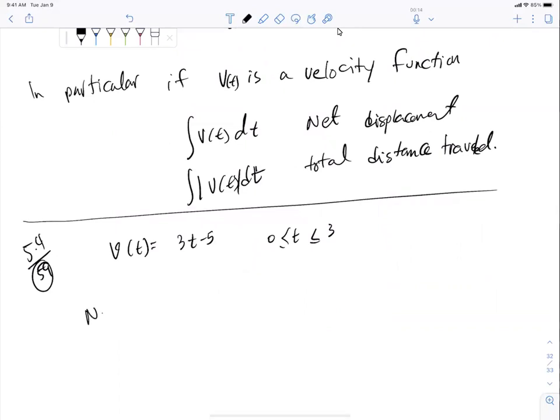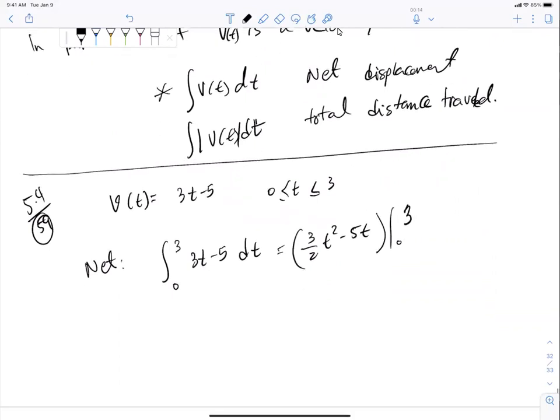So the net displacement is the integral from 0 to 3 of 3t minus 5. Basically, that's all. Use that formula. So it's going to be 3/2 t squared minus 5t, evaluated from 0 to 3. 3/2 times 9 minus 5 times 3, minus 3/2 times 0 plus 5 times 0.